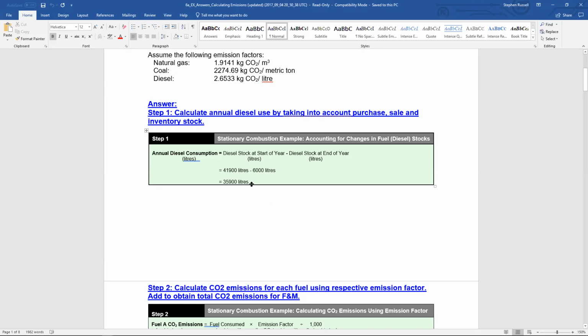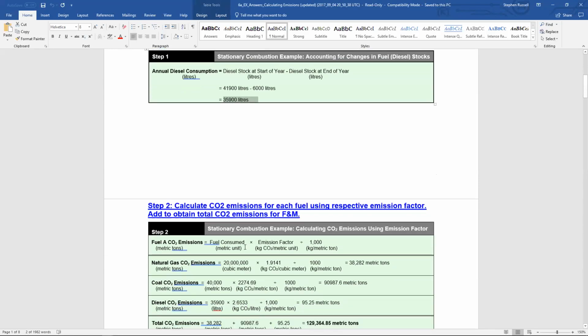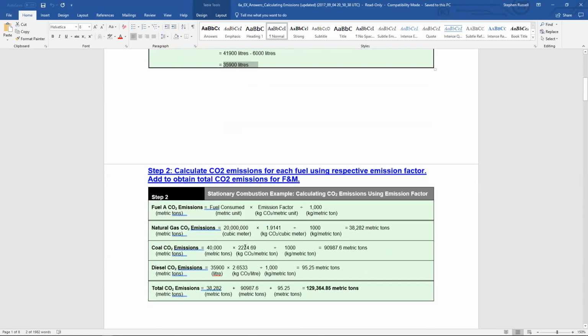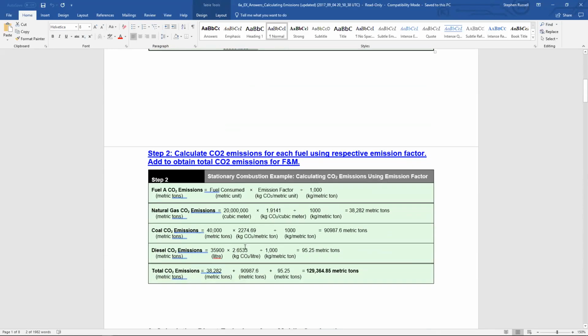That amount is 35,900 litres. And the second step was to calculate the CO2 emissions using the fuel-specific emission factors.